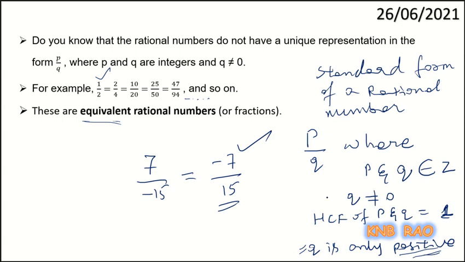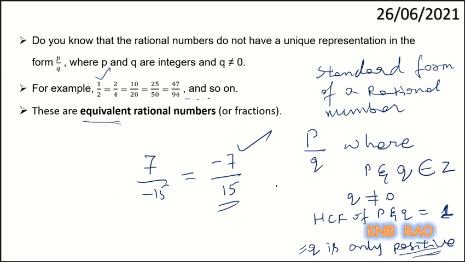Now, when rational numbers are equivalent, their simplest form or standard form is the same. Two or more rational numbers with the same standard form are called equivalent rational numbers.